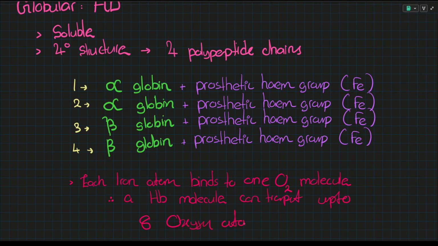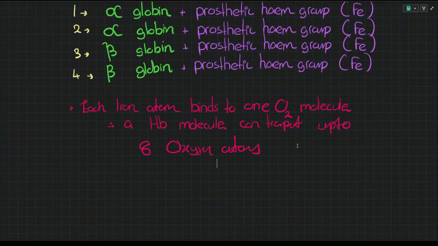I'll help you visualize that. Hold up. It's like this. An iron can bind to oxygen like so. So we have 4 irons, therefore 4 oxygen molecules. That would mean that we have a total of 8 oxygen atoms. 4 times 2 is 8. At a given point, we are transporting 8 oxygen atoms.